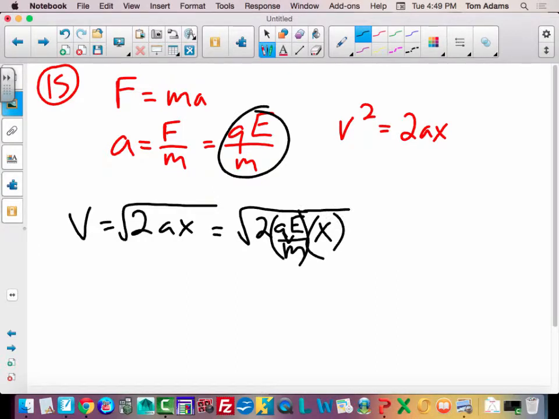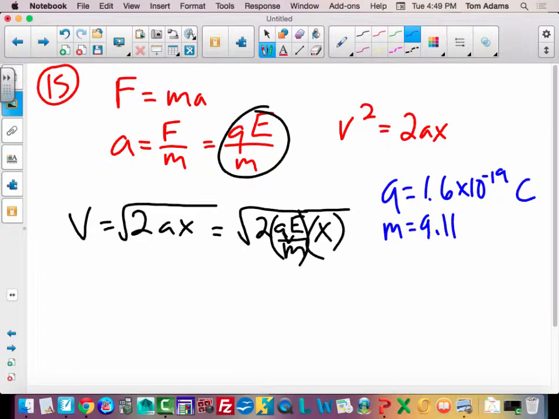Now I've got to plug some numbers in. It's an electron, so the charge of an electron is 1.6 times 10 to the negative 19 coulombs, and we're talking about a point charge. The mass of an electron is very small, 9.11 times 10 to the negative 31 kilograms, very light.